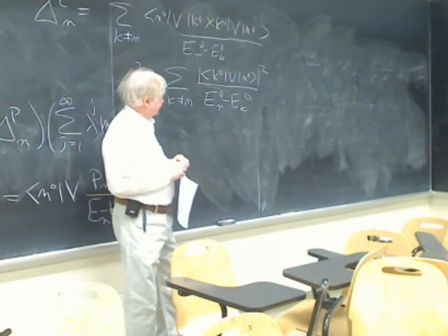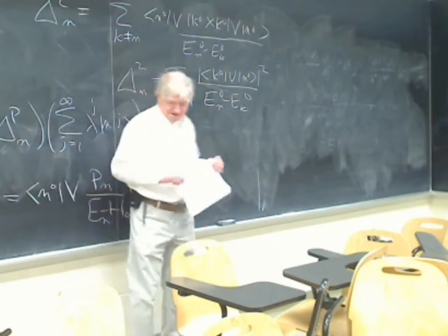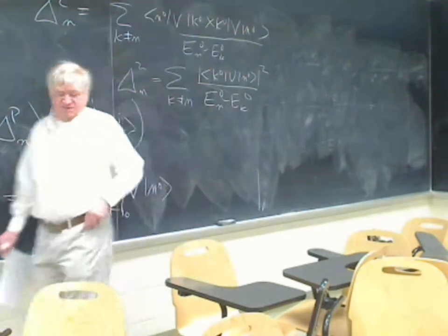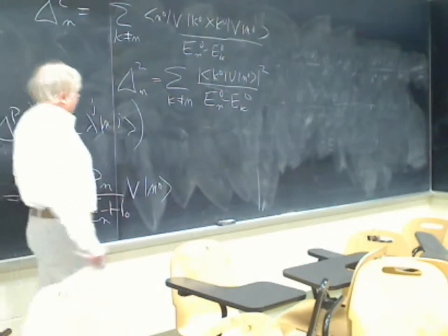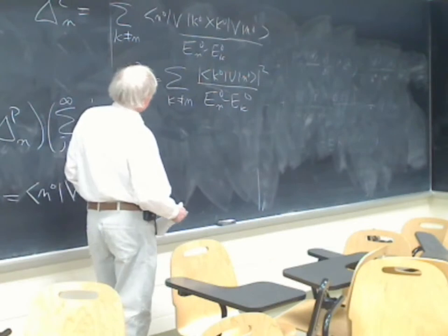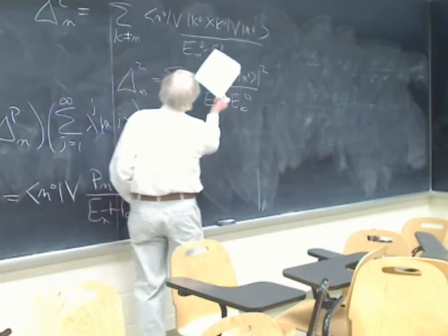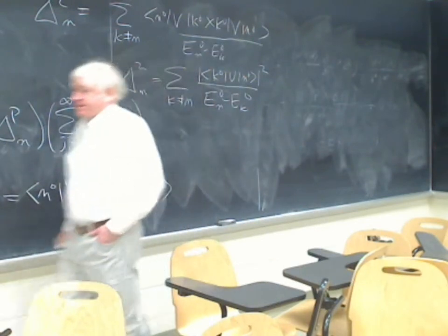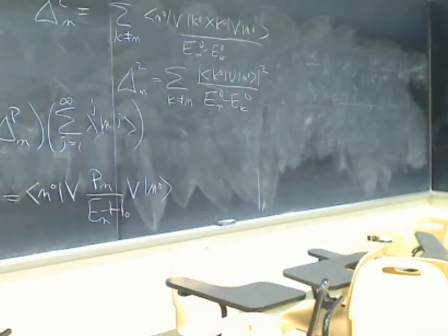And in fact, it's even worse than it looks, because this sum here, this projection operator, is the identity minus that state.